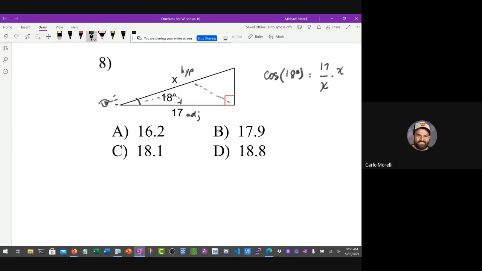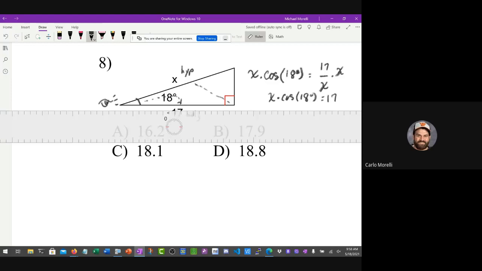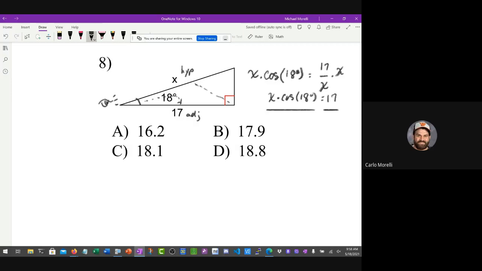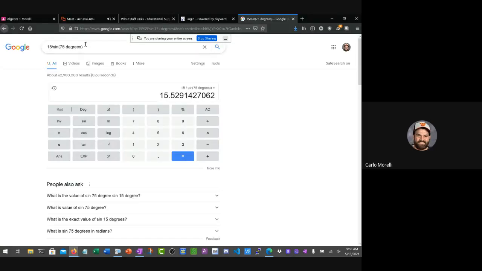So to solve for x, I start by multiplying by x on both sides. And now I have x times the cosine of 18 degrees equals 17. Divide both sides by the cosine of 18 degrees. x equals 17 divided by the cosine of 18 degrees.